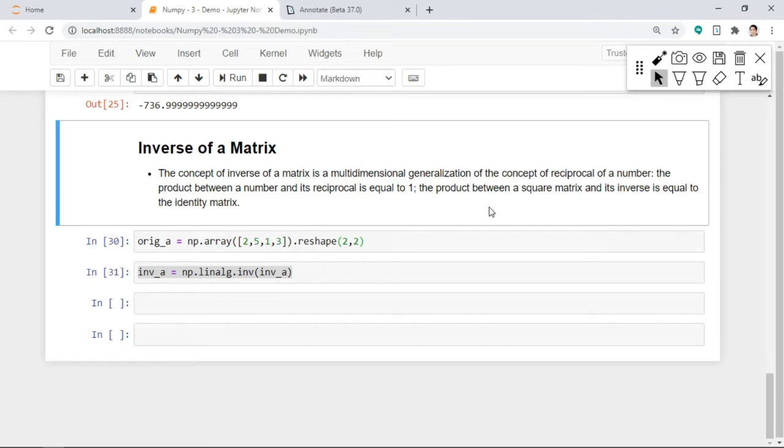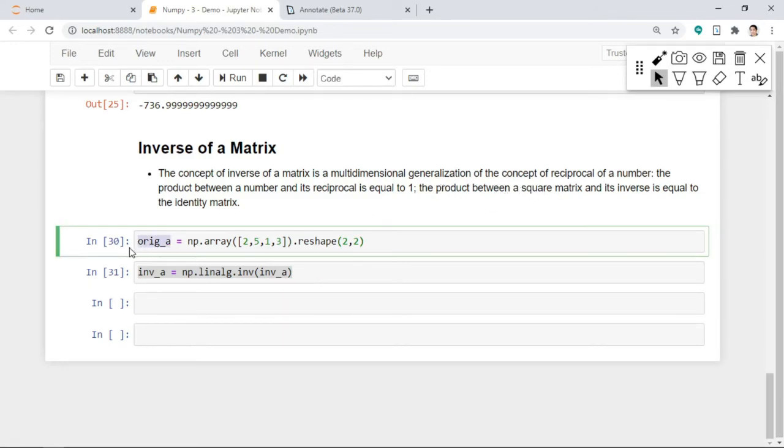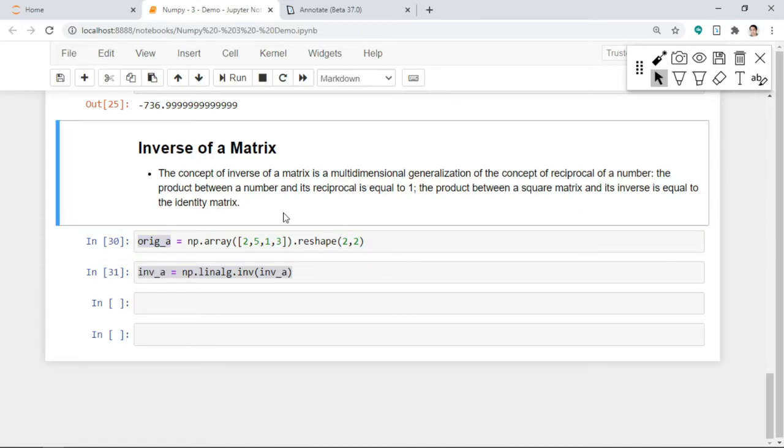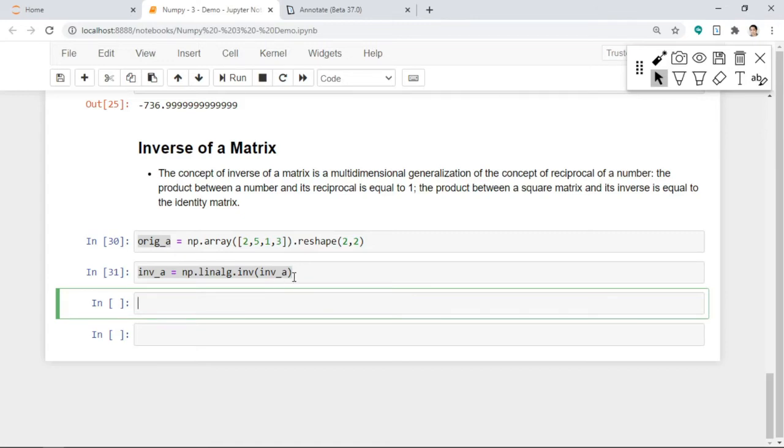It says here that the product between the square matrix, the original, and its inverse must be equal to the identity matrix. So let's do that one. For example, we define a new matrix.